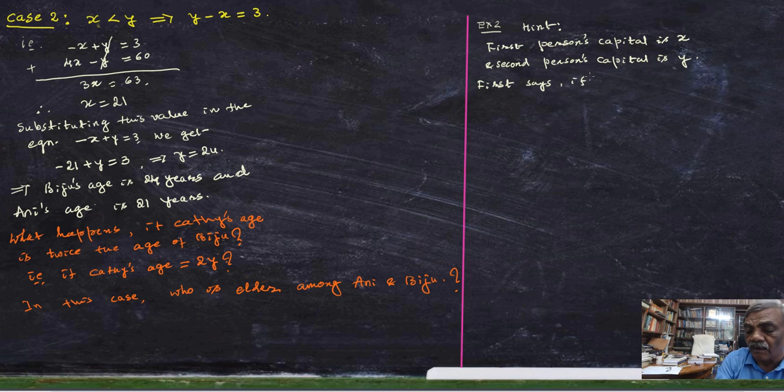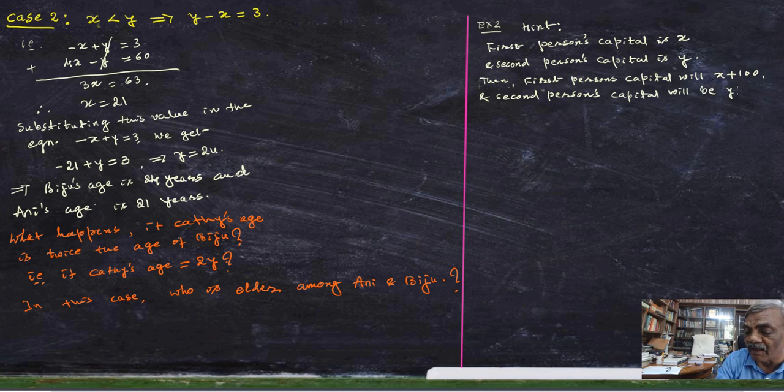If the second gives 100 to the first, then the first person's capital will be X plus 100, and the second person's capital will be y minus 100.